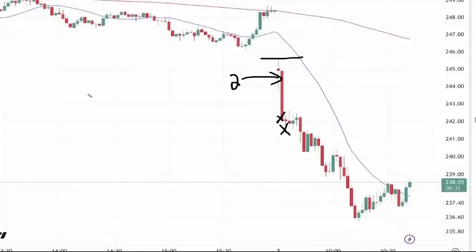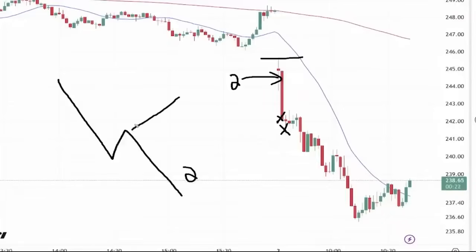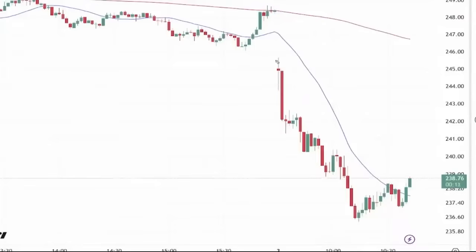Remember what I said. On the first leg, I want the bounce because I'm looking for leg 2. So I want this bounce after leg 1, but I don't ideally want it to break past the 50% mark. So here's my first bounce. Here's my first drop.